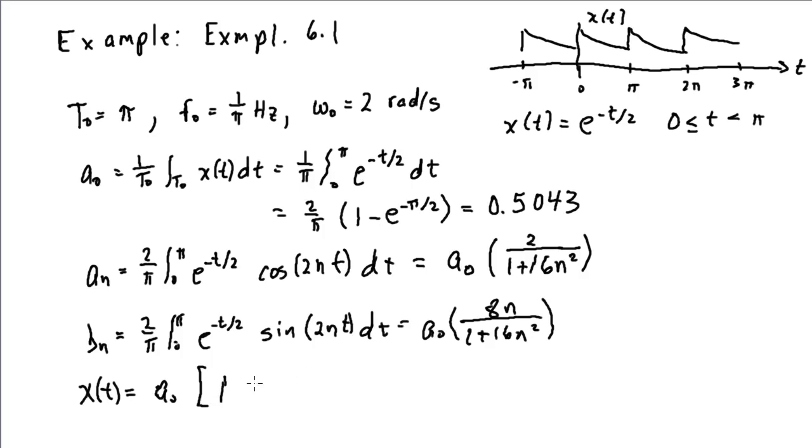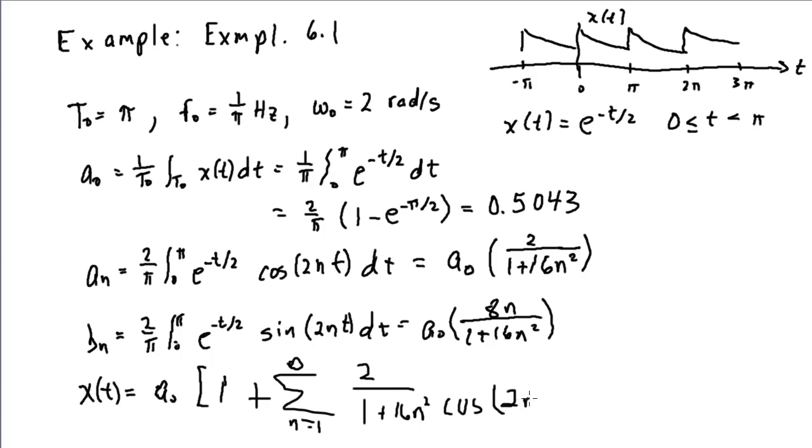1 plus the sum n equal 1 to infinity. So you'll have to bear with me. 1 plus 16 n squared times the cosine of 2nt, and then plus, I'm going to write it this way.